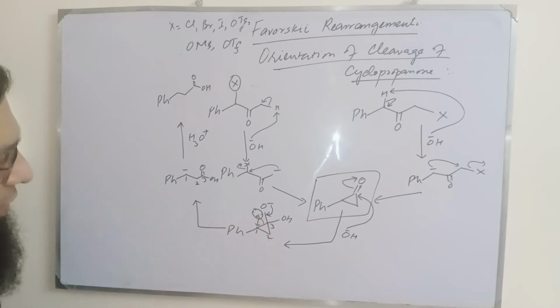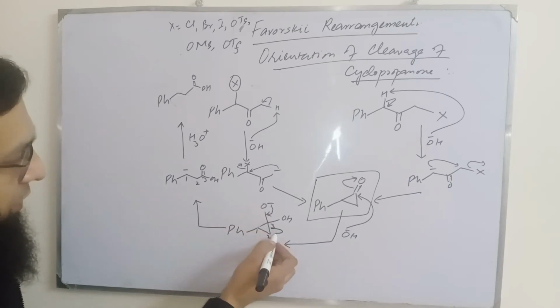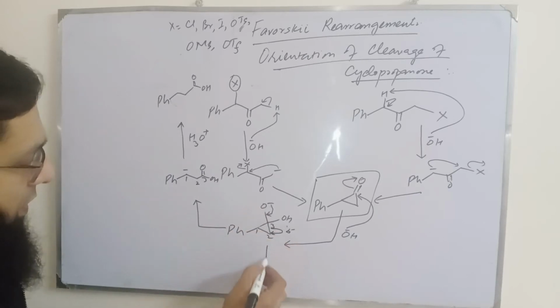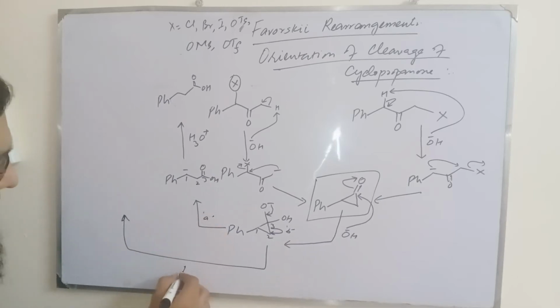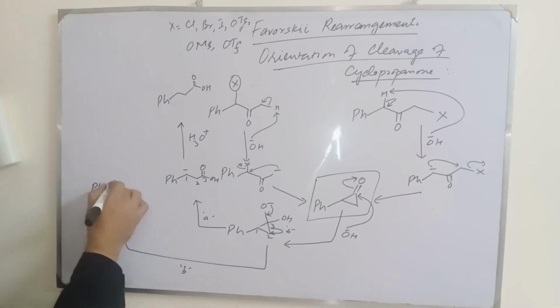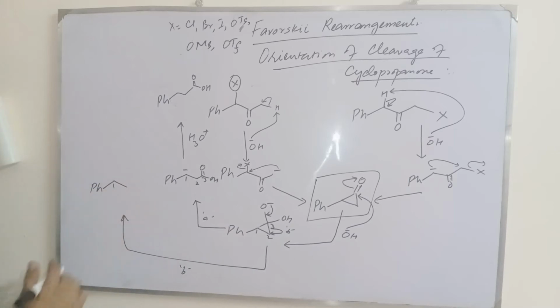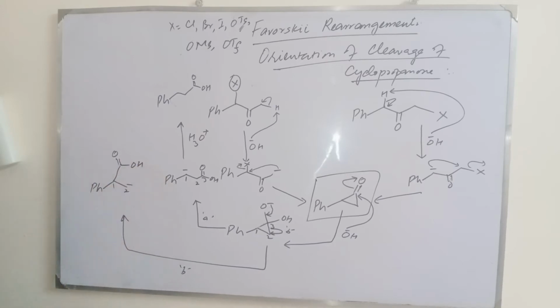If we use possibility B, which means this bond is broken, this was A, this is B. As a result of this, we have phenyl attached to 1, which is attached to 2, and it gets a negative charge, and 1 is further attached to 3, having a carboxylic group.